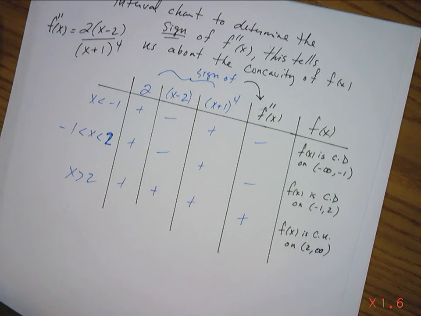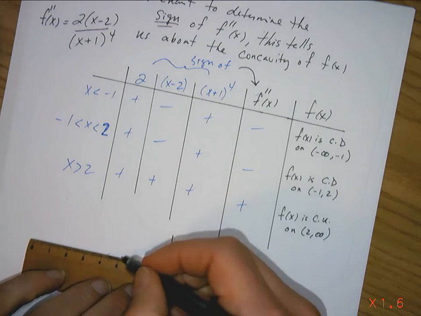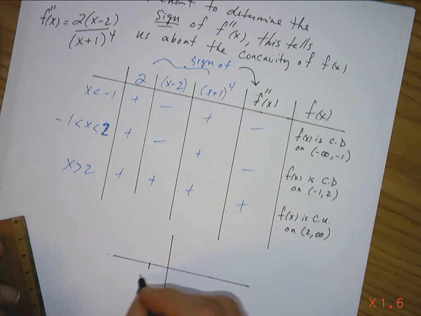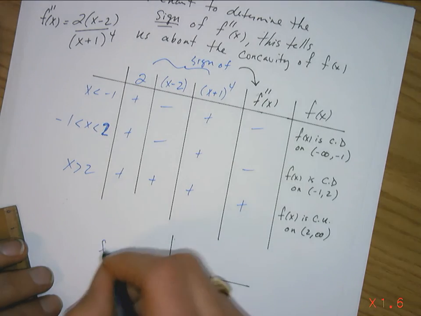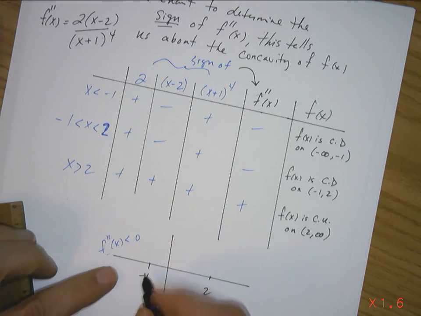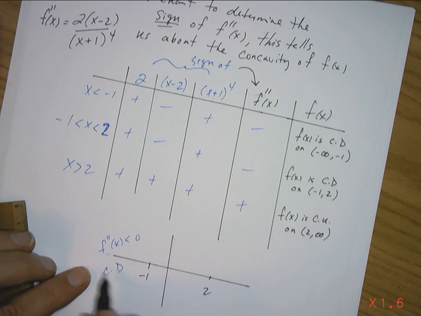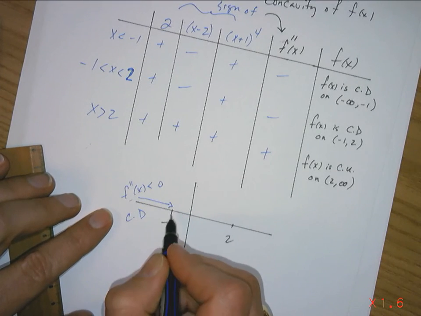So that interval that we had, remember, where we went to negative 1 and we went up here to 2, you know that f double prime of x is less than 0 here, which means it's going to be concave down everywhere up to, but not including, this one point. Remember, that's going to be your vertical asymptote.